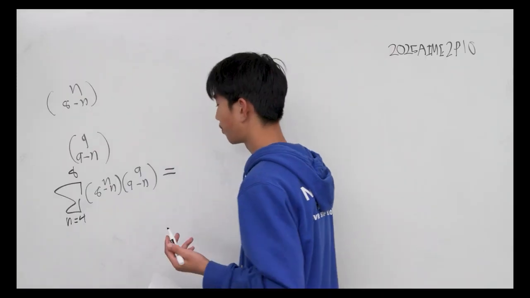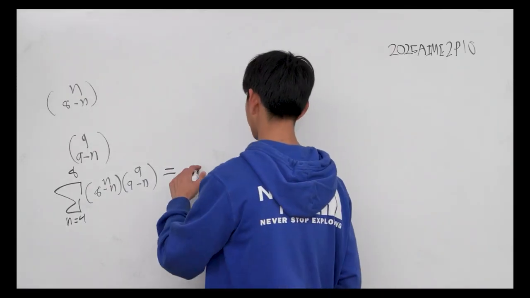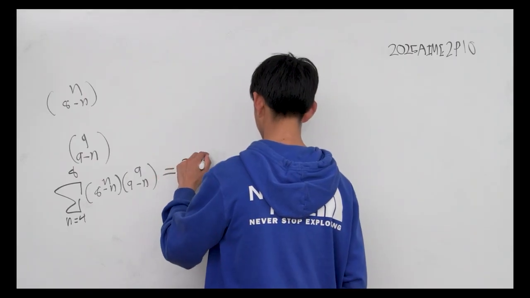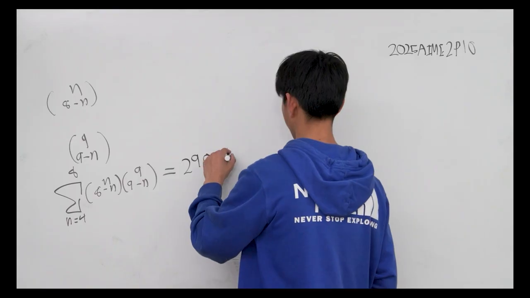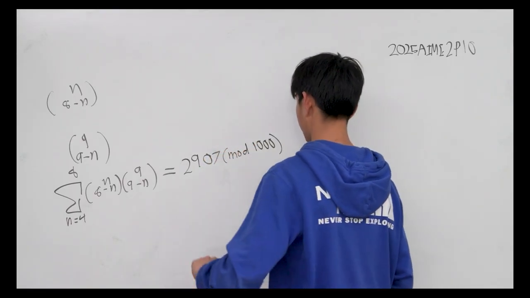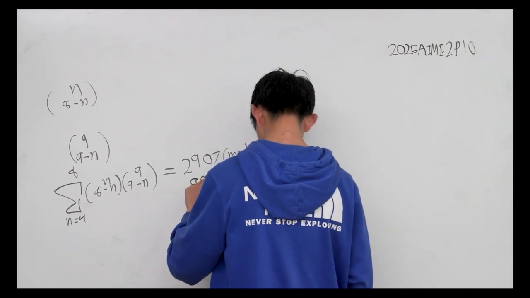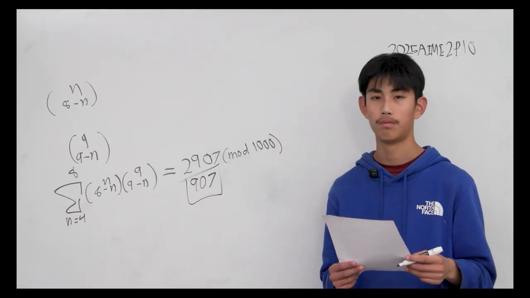So once you compute this, this is going to be equal to 2907, where we do mod 1000, giving us the remainder of 907 as our answer.